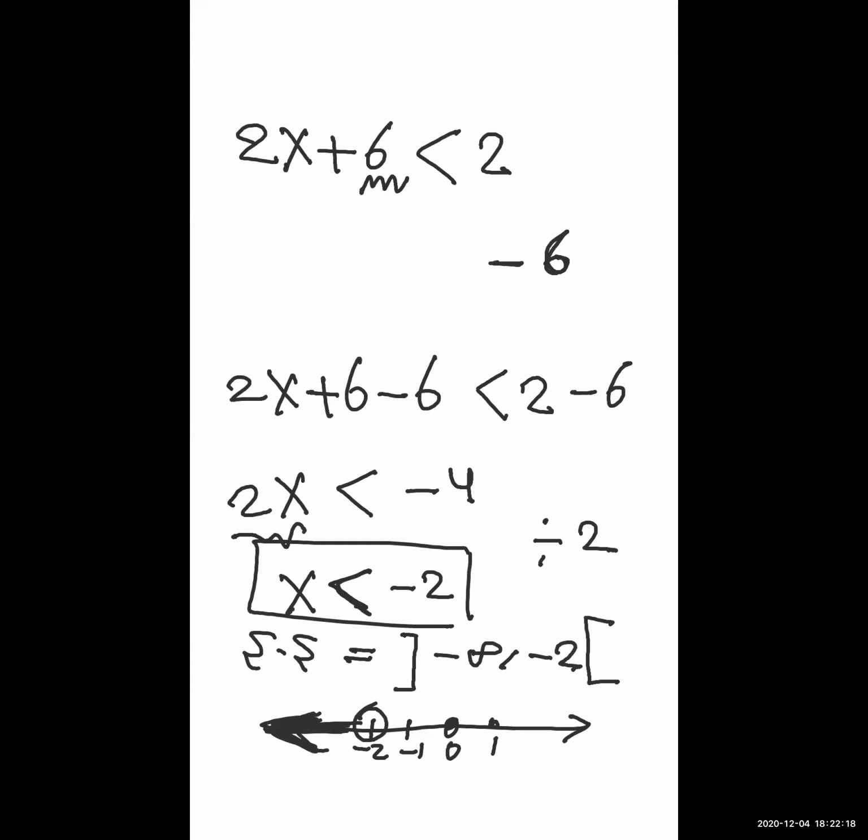I'm going to solve one more example like this one. It's 5 minus 4x less than or equal negative 3. Now here 4x and 5. So first I have to remove this number, which is 5.